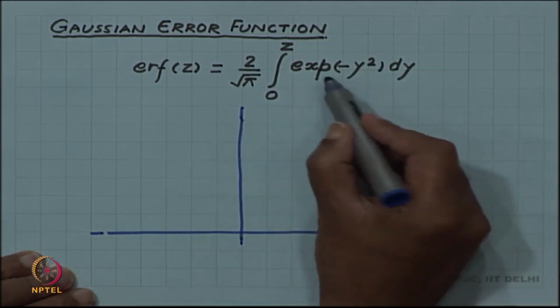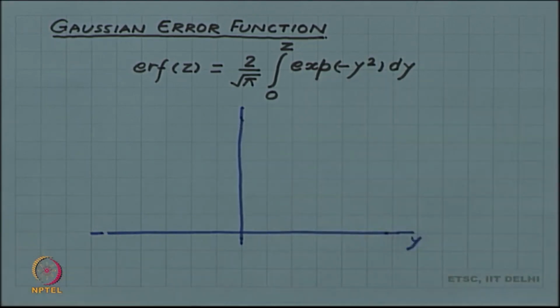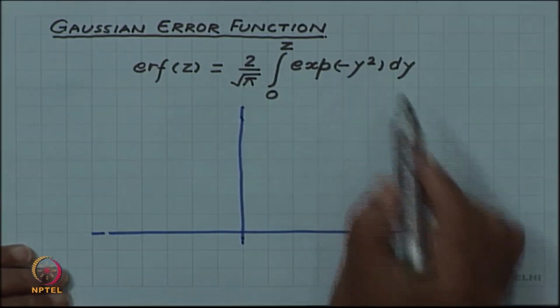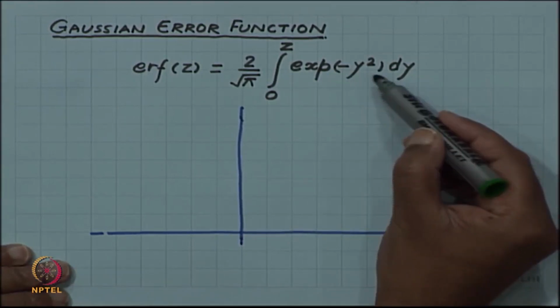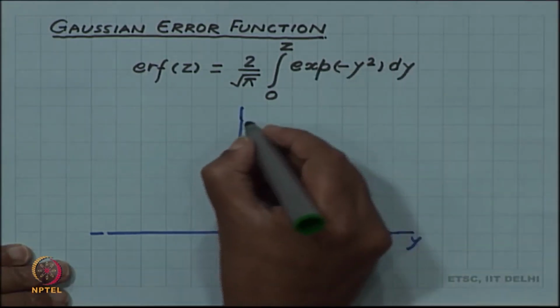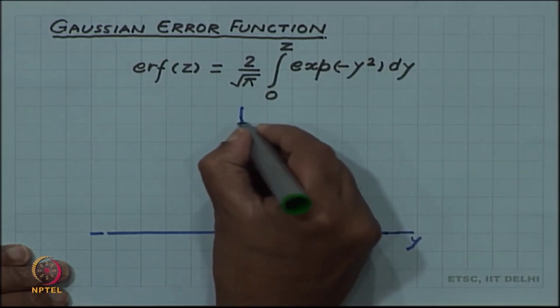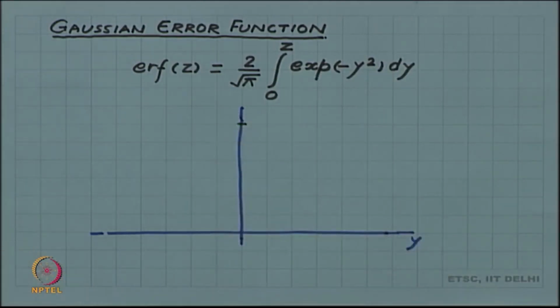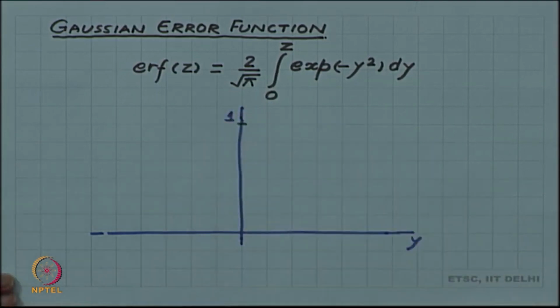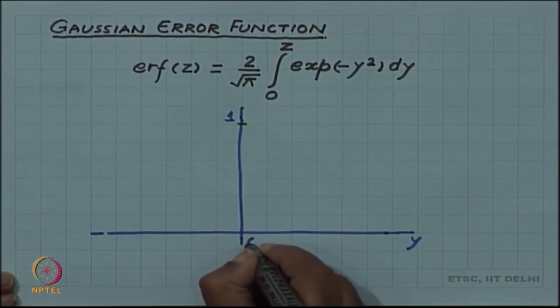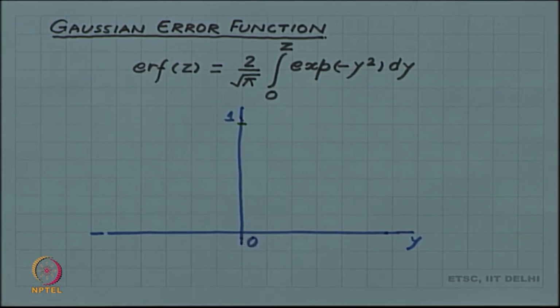If you look at this function, exponential minus y square, it is a nice symmetric function. At plus y and minus y it will have the same value, and at y equal to 0 it will have exponential 0, which is a value of 1.